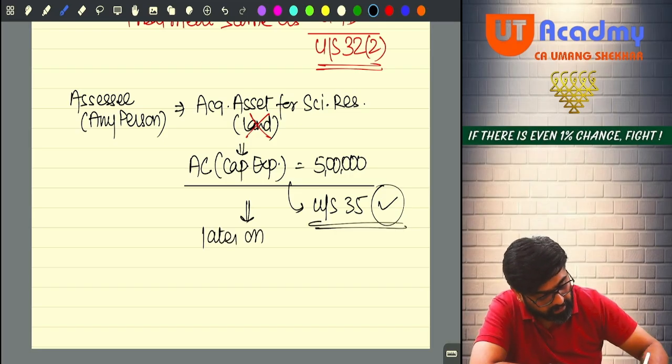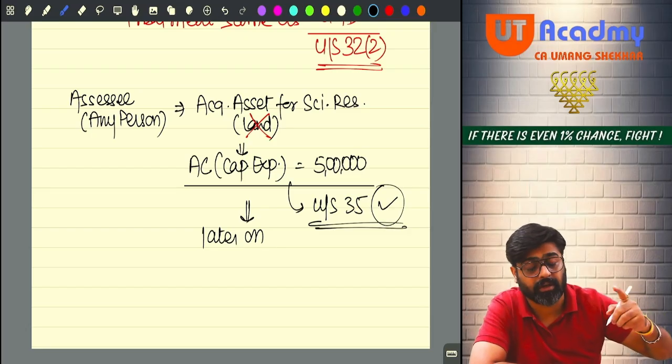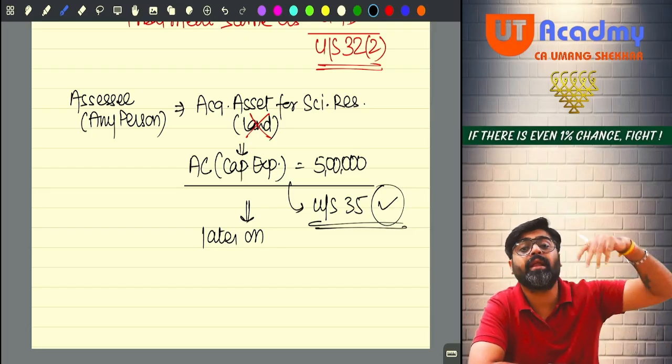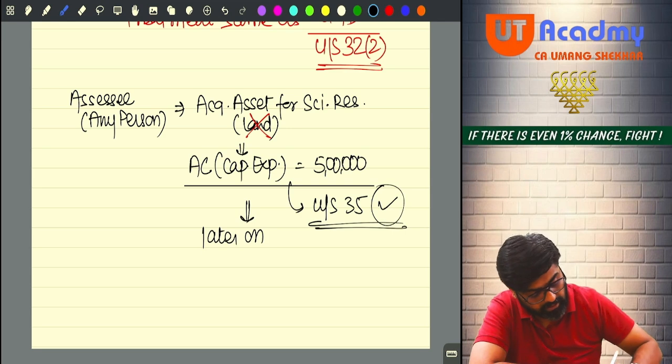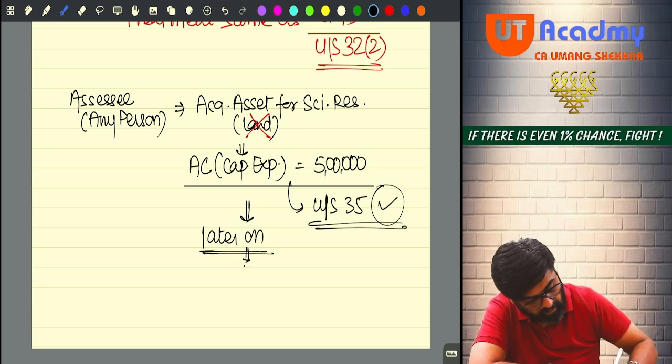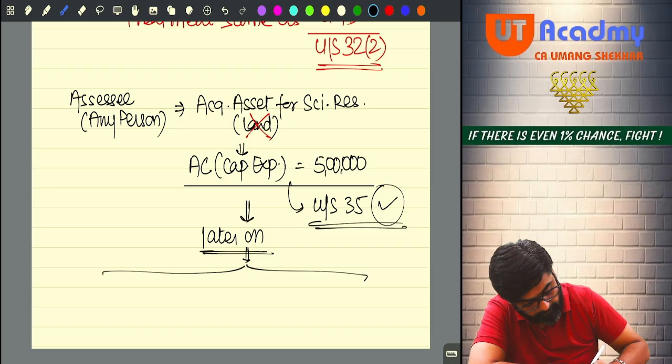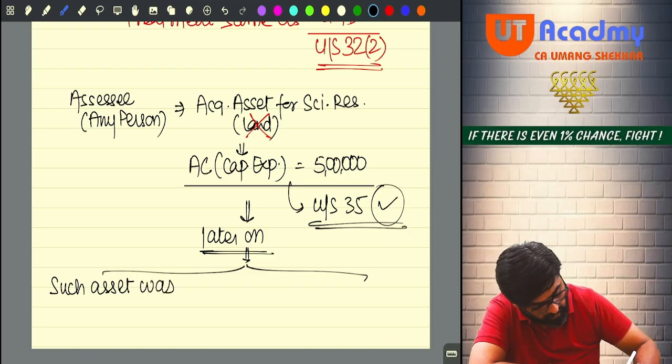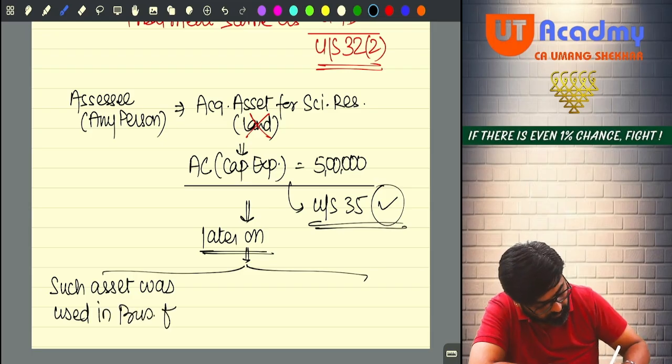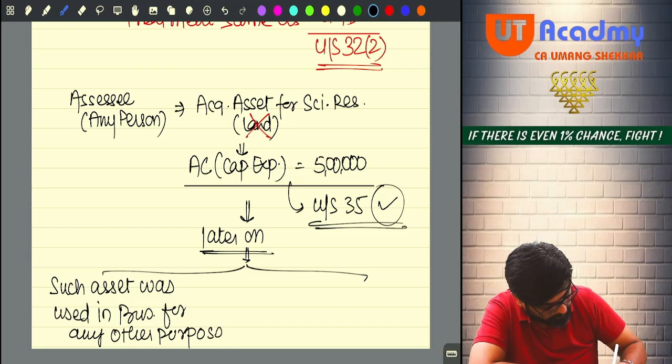Meaning after claiming deduction for this capital expenditure under section 35 for any year, can I say such asset was later used in business for any other purpose? Possible or not?